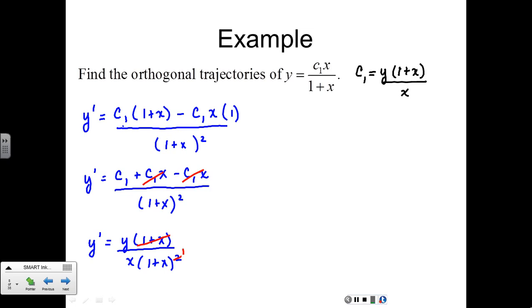I agree. dy over dx equals y over... I can go ahead and multiply all that, couldn't I? x plus x squared. So x plus x squared.